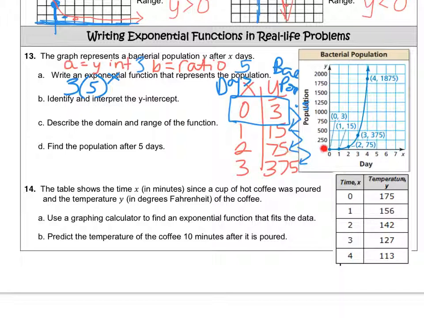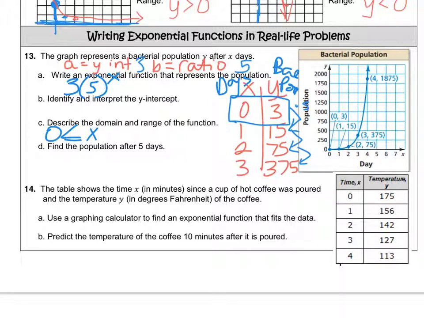We can't have negative days. So we know that our very far left has got to be 0. So its domain is actually going to be 0 less than or equal to x, and then it's going to go on for infinity.